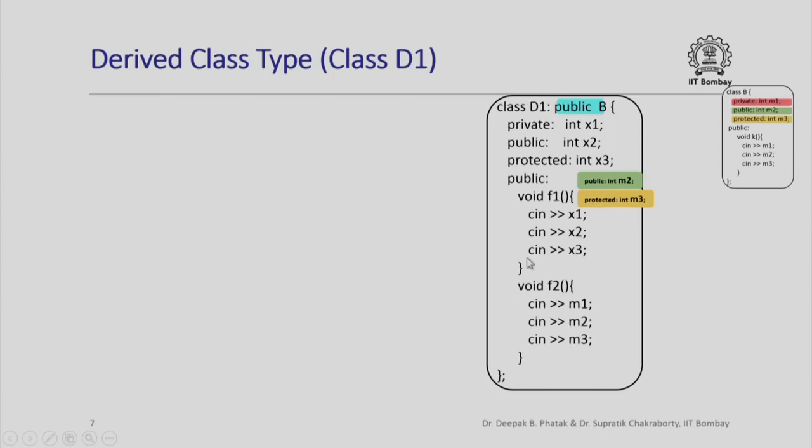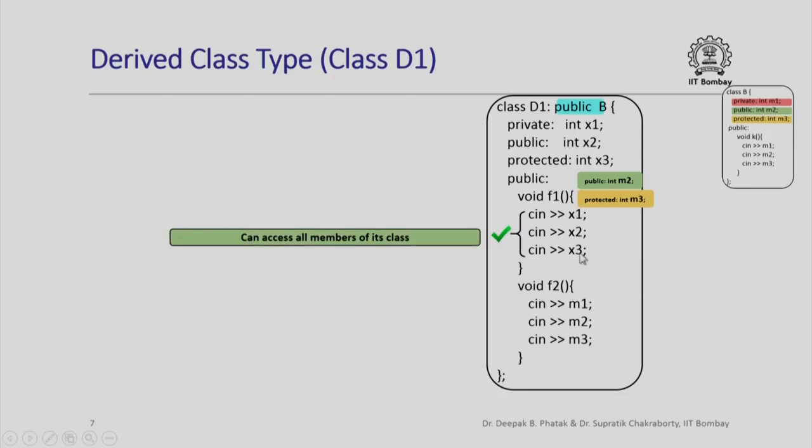Here I have also defined a public function within the derived class D1, and this function directly tries to read values for x1, x2, x3, and another public function f2 which tries to read values for the members M1, M2, M3, which are really members of the base class B. So we want to see which of these will be allowed by the compiler and which will not be allowed.